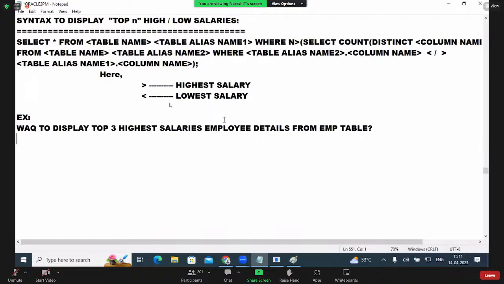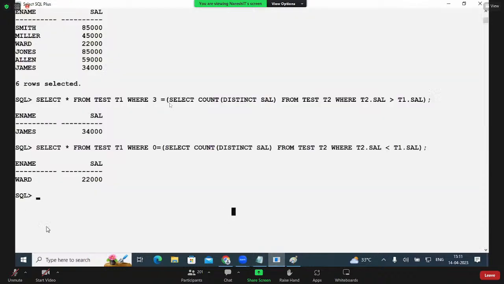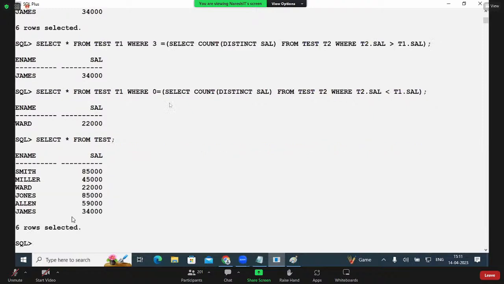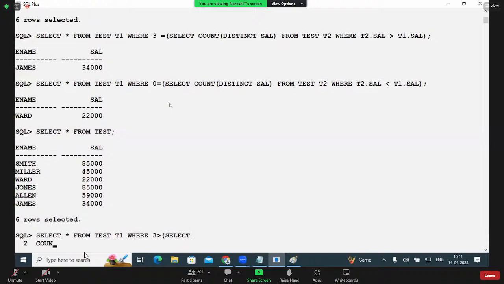Okay, right. So top three highest, let me come out and see. Suppose in my table, don't write, just observe. If you take this table, top three highest means n equals how much here? 3, direct 3.